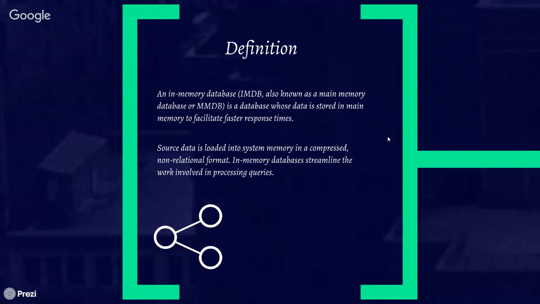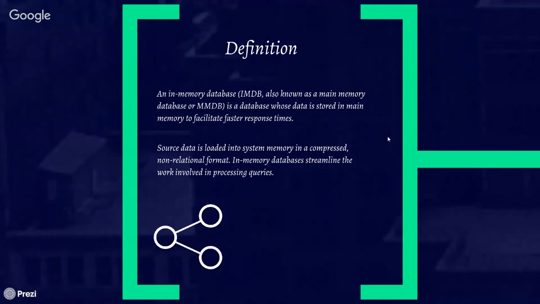An in-memory database, also called the IMDb, also known as a main memory database or MMDB, is a database whose data is stored in main memory to facilitate faster response times.